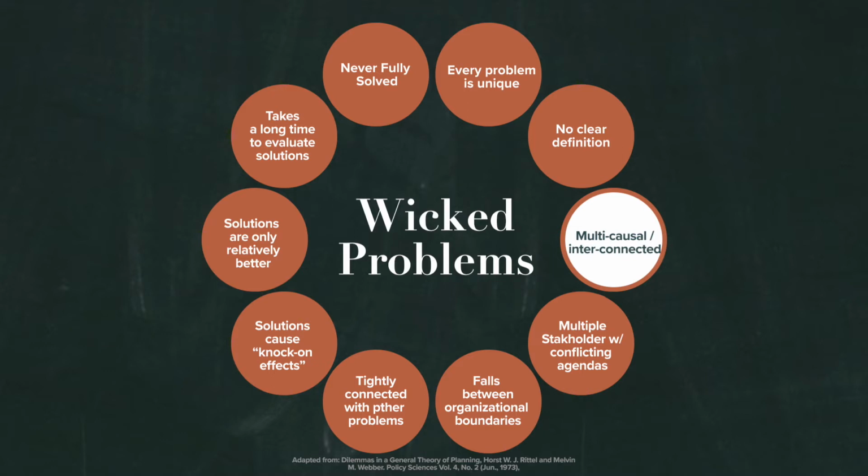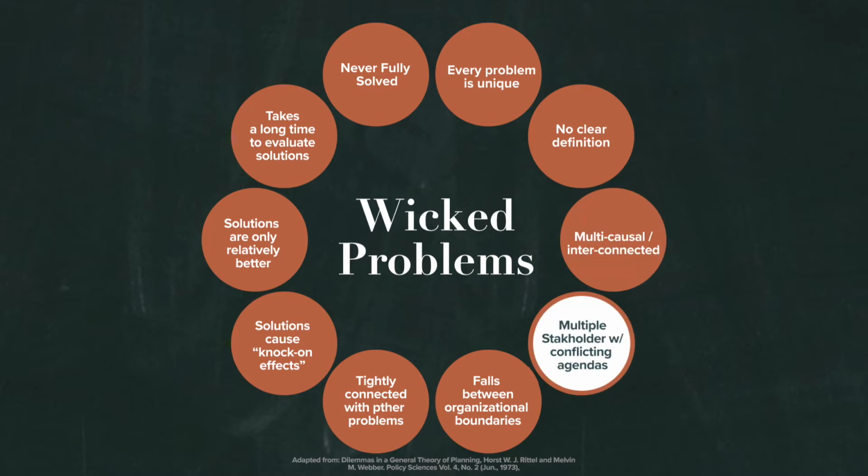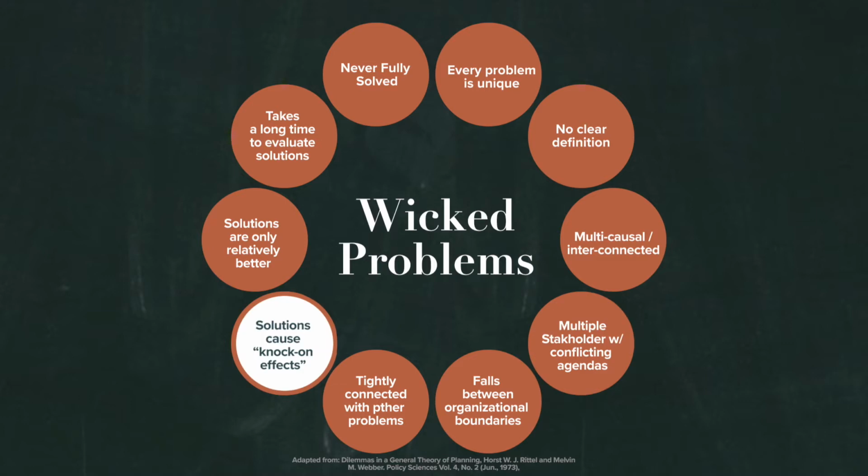You can also have problems with multiple stakeholders, with conflicting agendas. There can be problems with organizational boundaries. No one person knows who should tackle the problem, or if it falls in a certain jurisdiction. This can certainly be the case with government. And then there's problems with knock-on effects. By touching something, there's a very interconnected macro kind of knock-on effects that happen by trying to fix maybe symptoms of the problem.